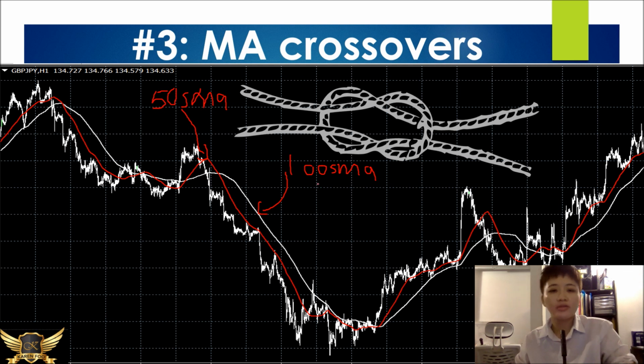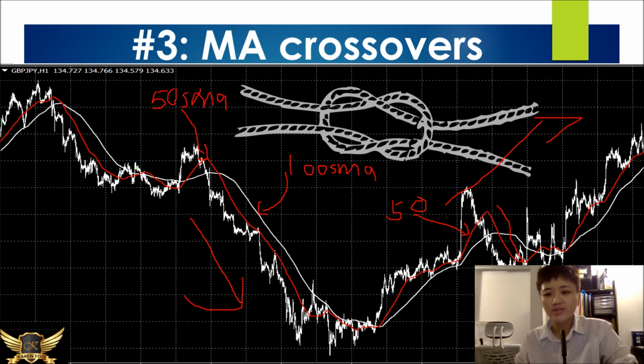So if you see the 100 SMA being above the 50 SMA, normally you see a downward bearish trend, okay. And then if you see the 50 SMA being above the 100 SMA, you see a long-term bullish trend. Of course, in the short term, you see false signals, crossovers like here, okay.